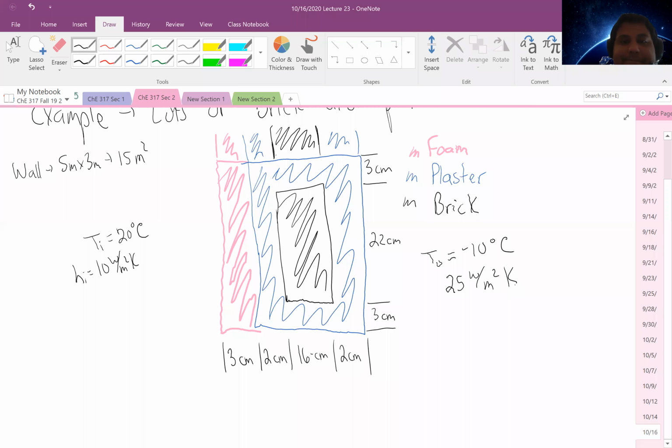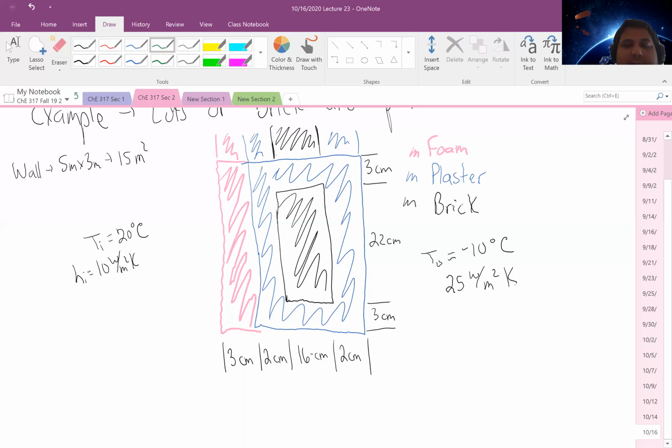Well, what I would recommend doing is identifying, based off of this wall, what is essentially the repeat unit that exists, such that if I took a slice of this wall, found the heat transfer for that slice, and then scaled it up for the entire wall, I would get the heat transfer rate over the whole wall.